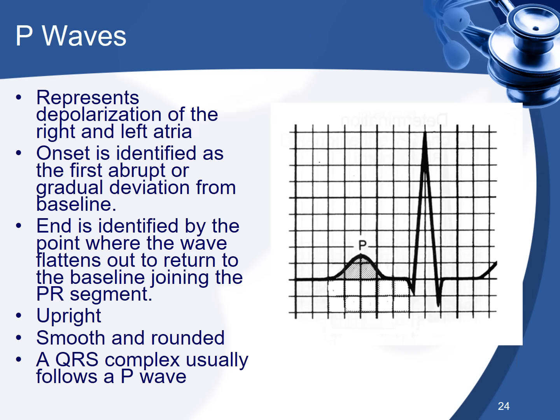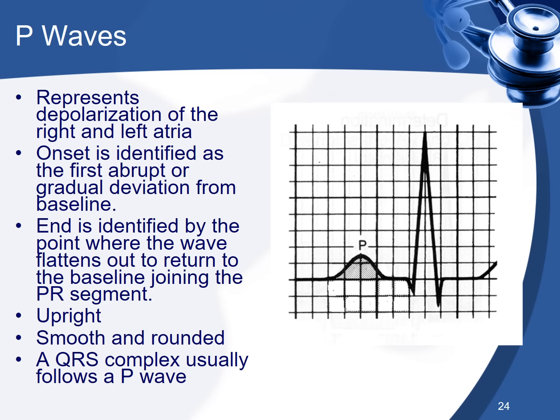Here's your P wave. This shows you the depolarization of the atria. So this is basically generated when your atria contract. You will see a slight upward deflection of your EKG off the baseline. It should have a nice rise around the top and a nice descent.